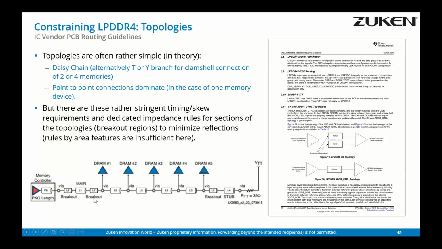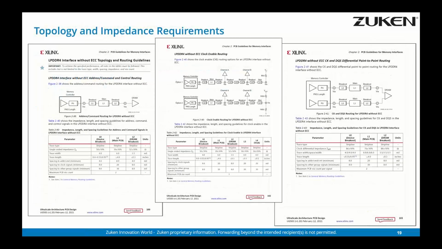So we have these breakout regions having dedicated impedance requirements. This typically cannot be covered using the rules-by-area feature all CAD systems have known for many years. That's running out of steam. You have to have a proper constraining and checking mechanism to cope with the breakout rule situation where the silicon vendor names the transmission line structures accordingly.